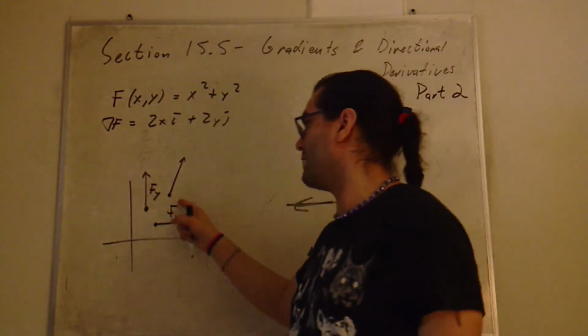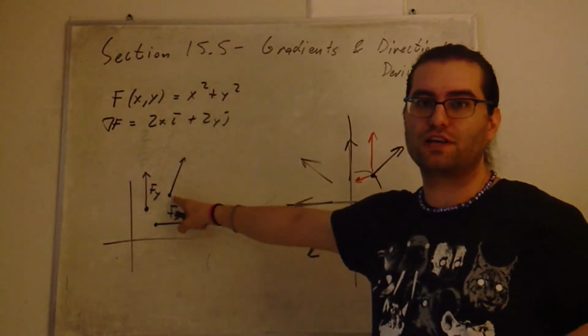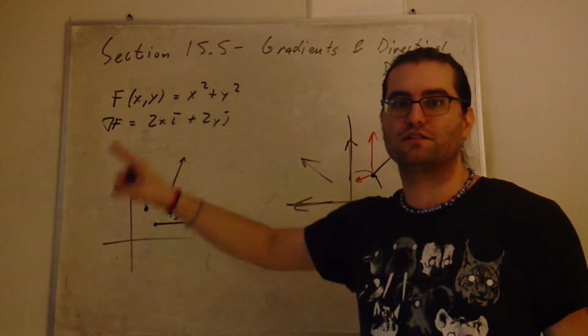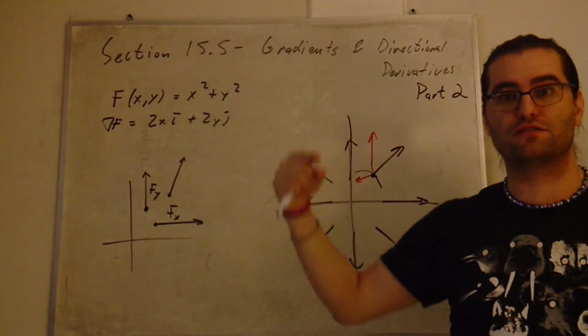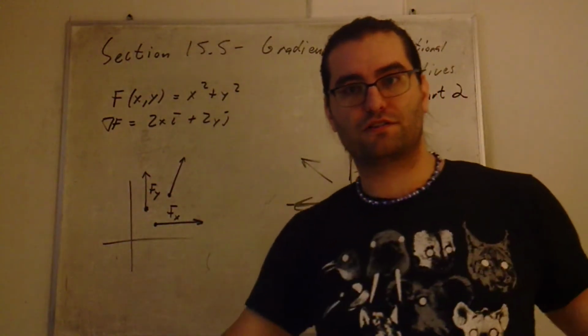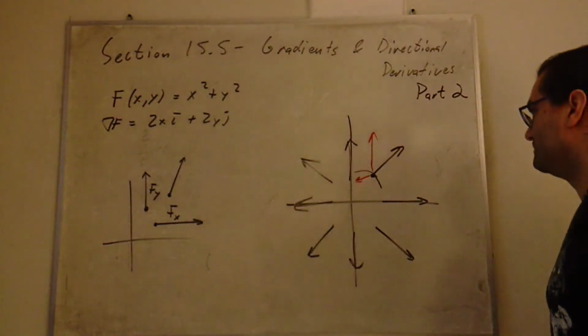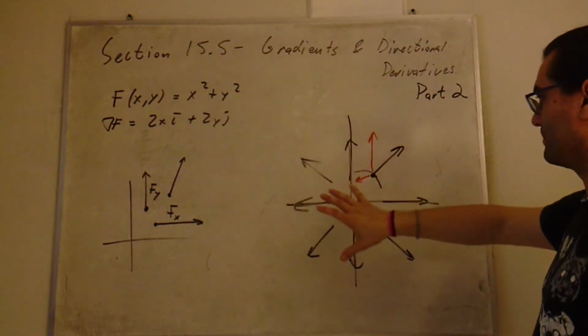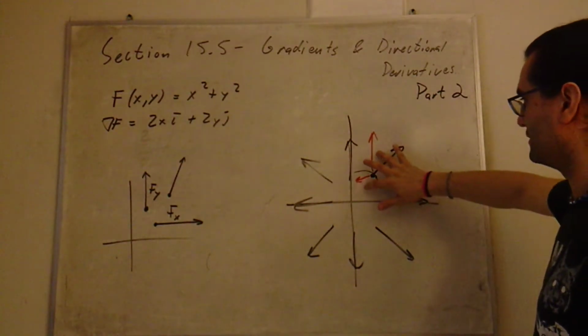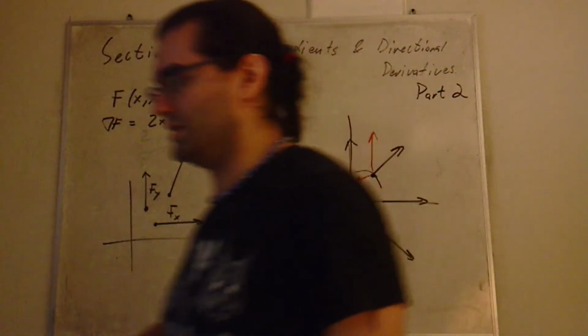So at a point, we can decide to move in any direction we want, and we can still figure out the slope along this surface of moving in that direction. So that's what it's for. Let's talk about how to do it. We'll use these examples here.